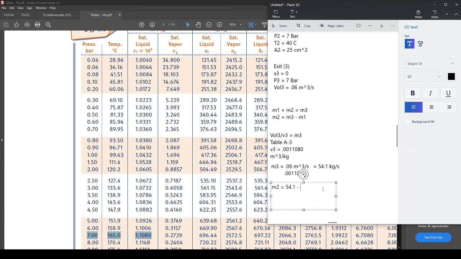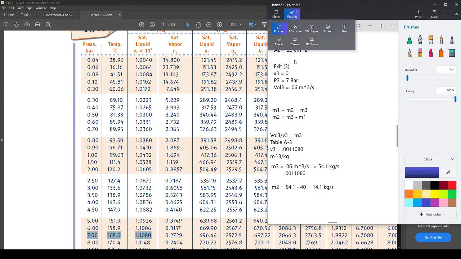Yes, 40. And so it is 14.1 kilograms a second, right? That is the mass flow rate of 2, and we have just solved one part of this. Pretty straightforward. We have solved the mass flow rate of state 2, which I will go ahead and circle.